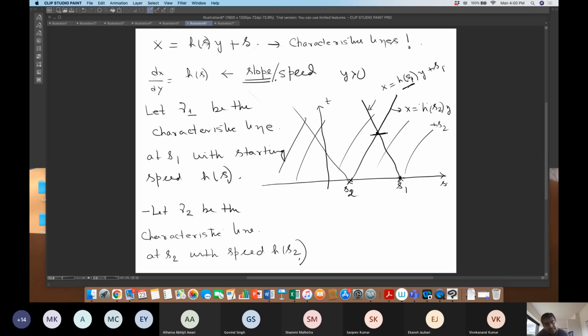Now my question is, suppose the characteristic lines intersect, then what will happen to the solution? The solution along these two curves will be the same at that point. So what is the problem?